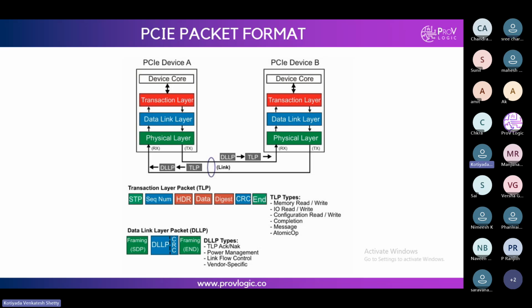Skipping means you will get to know how your endpoint is, native or legacy, through enumeration. By reading the registers, every device contains some registers. Suppose you contain a 4 KB memory space.